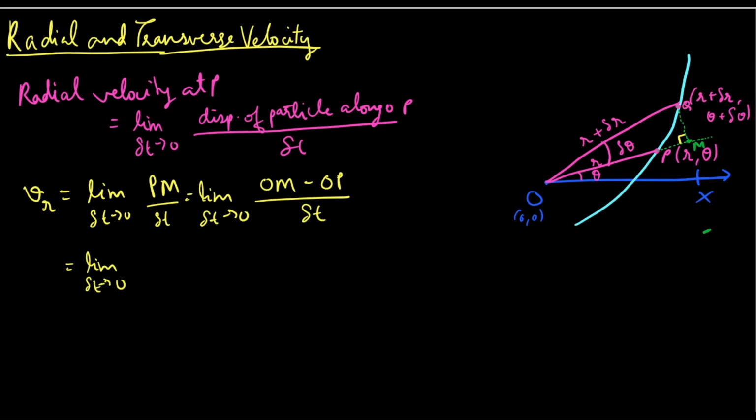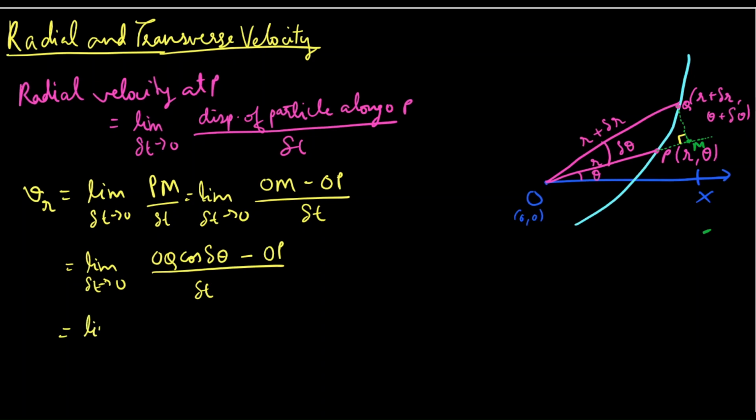OM is here obviously OQ cos del theta. This is derived by using trigonometric ratios, because cos theta is equal to base upon hypotenuse. So obviously base is equal to hypotenuse multiplied by cos of theta, and we know that OP is equal to OP itself. Let me just put all these values in the next step.